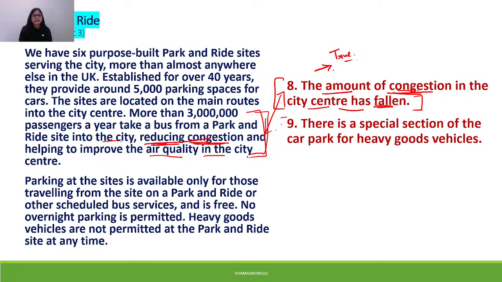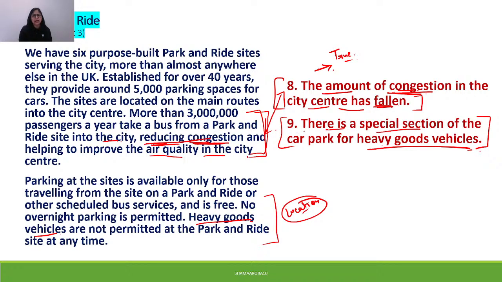Now this next question: where can we see the keywords? Yes, we can. Heavy goods vehicles, and it's written heavy goods vehicles here. It means this is the location of the answer. But now we need to understand what exactly has been asked in the question.